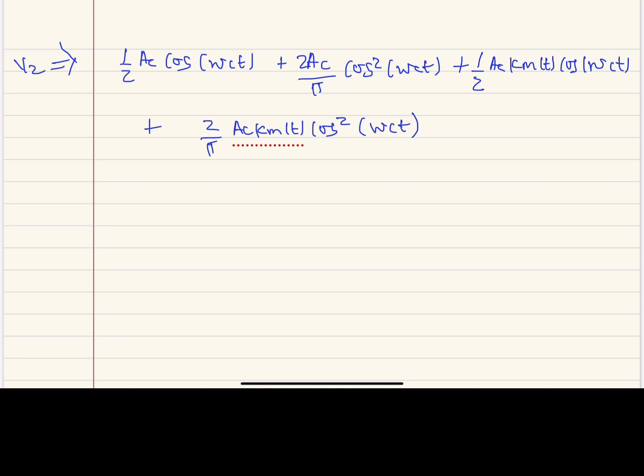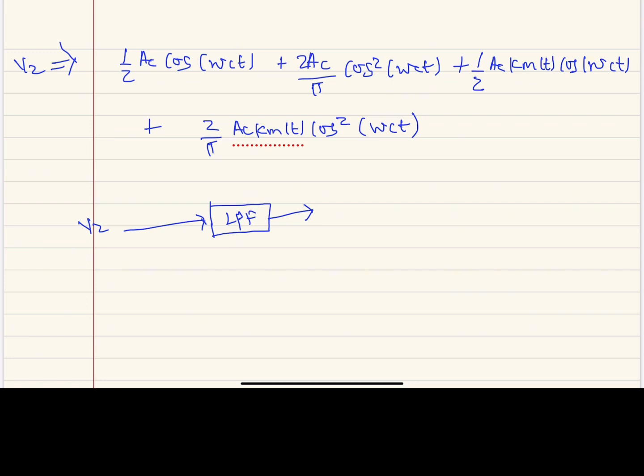When we get this, what is left is to pass the resultant through a low pass filter. This is V2 LPF. As I explained earlier on, we pass it through the low pass filter because we want our message signal, and we all agree that the carrier signal has a higher frequency and the message signal has a lower frequency.